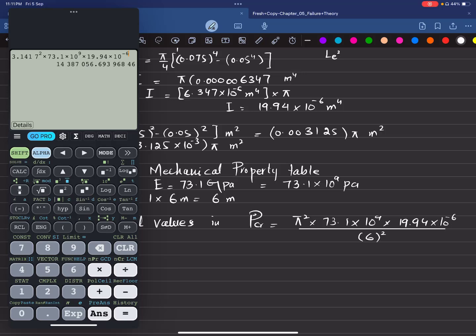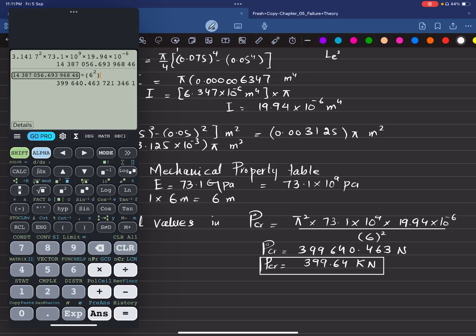And if we divide our answer by 6 square, we will get this value, which is P critical equal to 399,640.463, and that will be in newtons. And if you divide it by 1000, it will be 399.64 kilonewton. So this is the critical load under which this hollow tube will not fail.